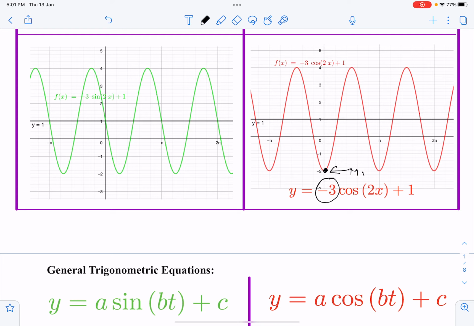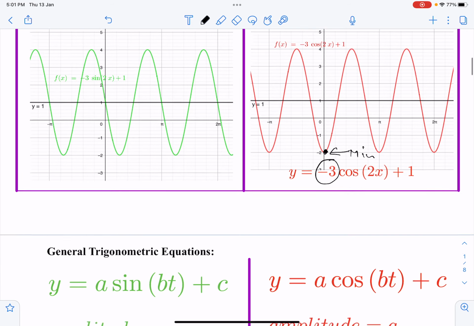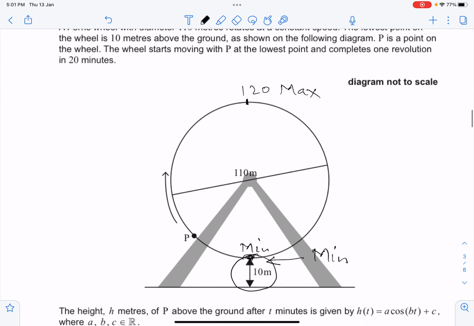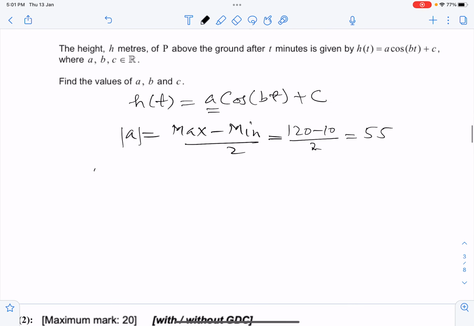This is the minimum value. So minus sign decides where the graph starts. So cosine curve starts from the minimum position when it is negative. So therefore here the value of a will be negative 55.